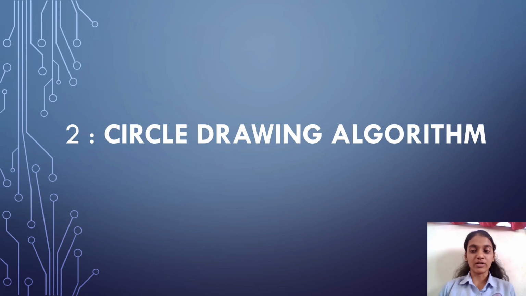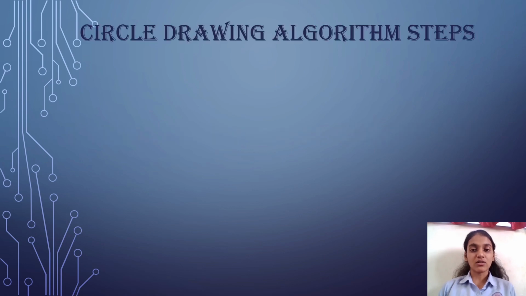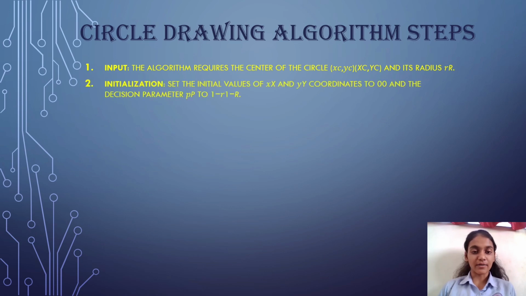Circle drawing algorithm. In the circle drawing algorithm steps, the algorithm requires the center of the circle xc, yc and its radius r. Initialization. Set the initial values of x and y coordinates to 0 and the decision parameter p to 1 minus r.